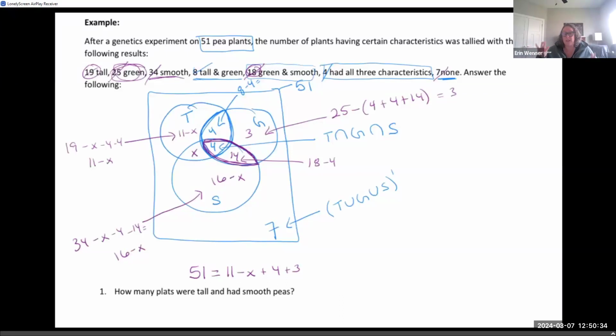No, I'm just trying to make sure I get all the spaces, okay? So the next space is going to be x. So I want to add in an x. Then I'm going to add in a 4. Then I want to add in the 14. Then I want to add in that 16 minus x. And then finally, the piece we can't forget are the ones that are outside here, right? The 7. So I'm going to add that in.